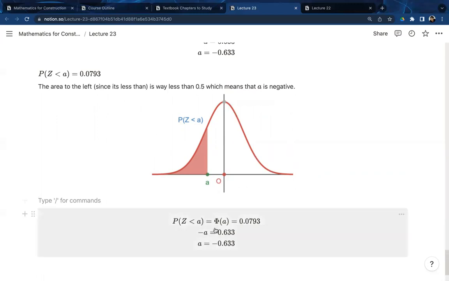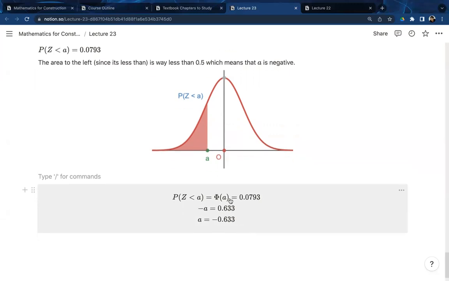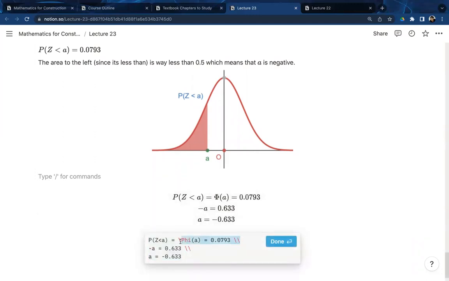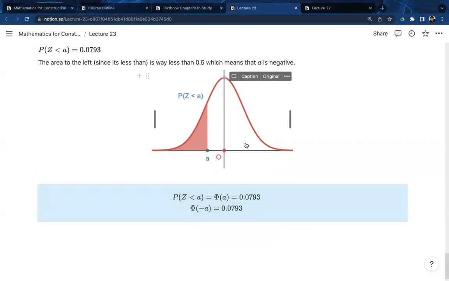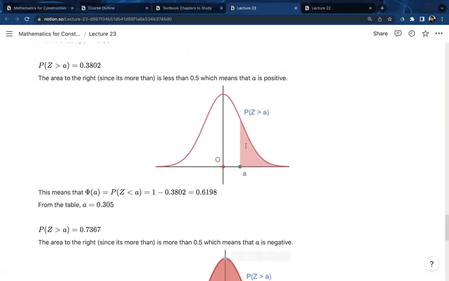Phi of A is a small value, but we know A is negative because the tables don't have any values at all. But what about phi of negative A? If this is A here, what is phi of negative A? We ought to draw a diagram like this here.